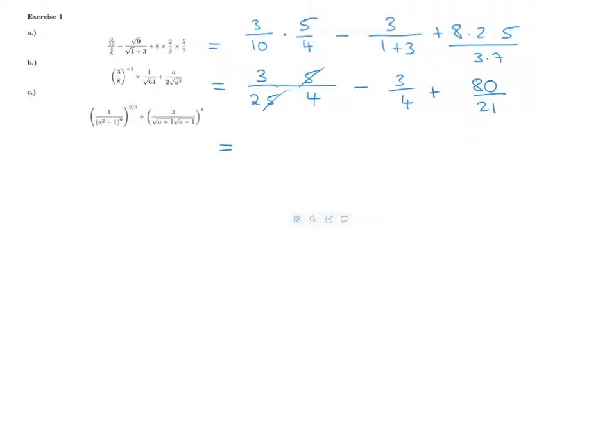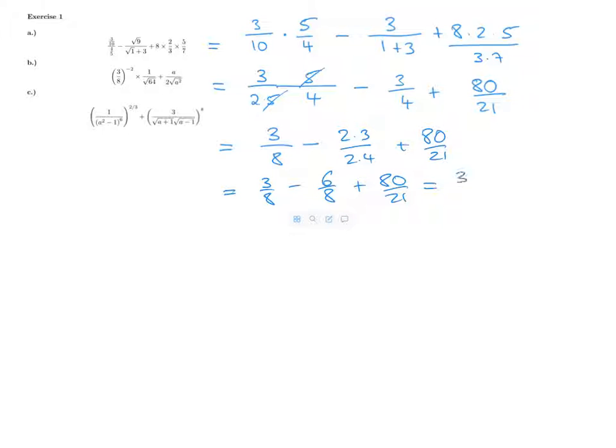Okay, so then the next step, so I have here 3 divided by 8 minus, now I multiply both numerator and denominator by 2. We'll see in a second why, because now these two have the same denominator, so I can just add them up in a second or subtract the one from the other.